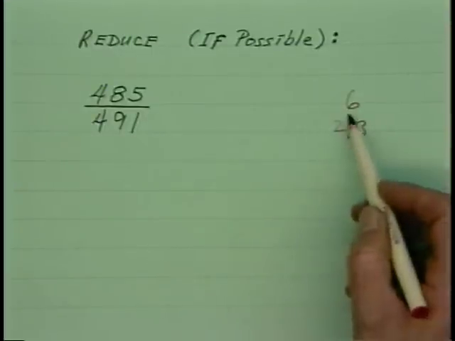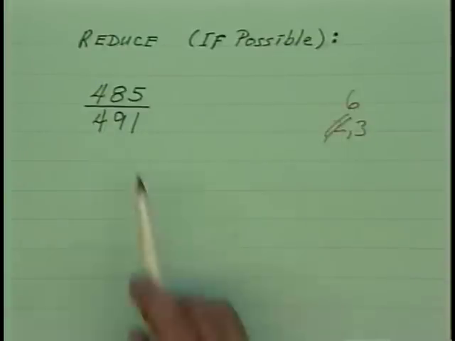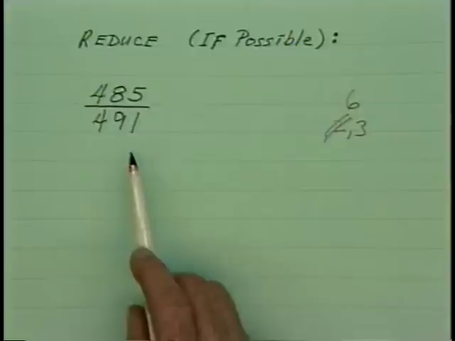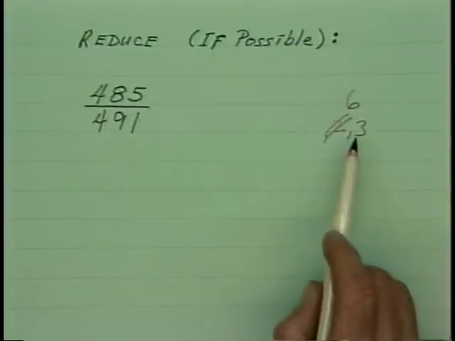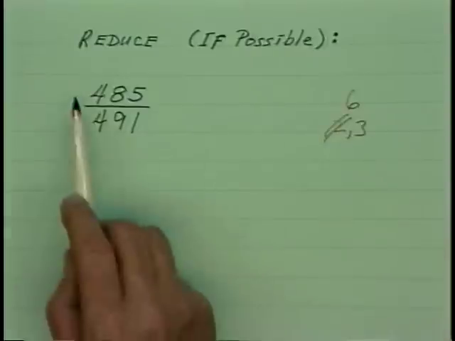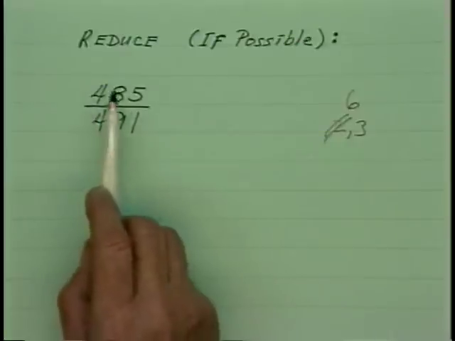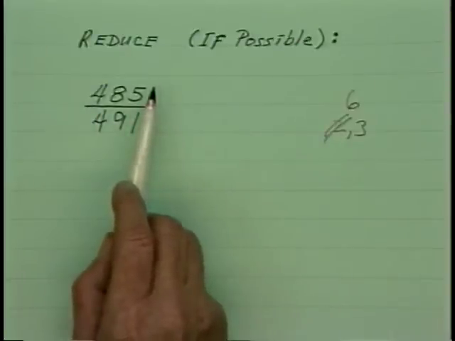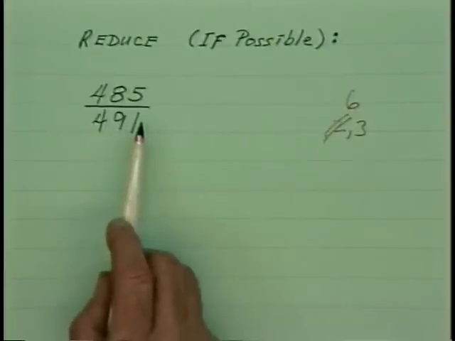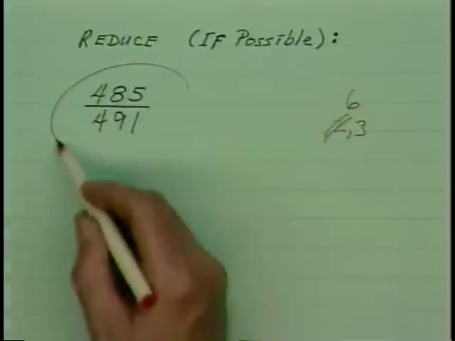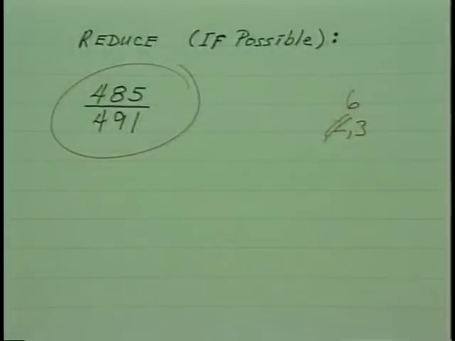But we can rule out 2 immediately because neither of these are even. 3 we can try by our divisibility test. 4 and 8 is 12, and 5 is 17. 3 won't go into here, so we won't even bother trying this. So this tells me our fraction's already reduced.